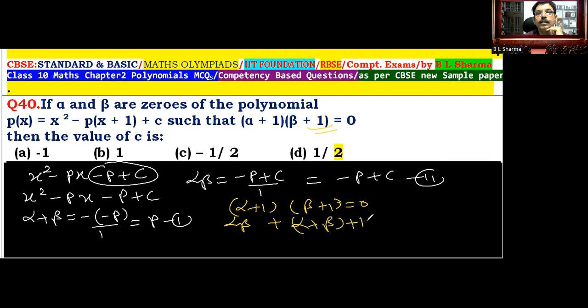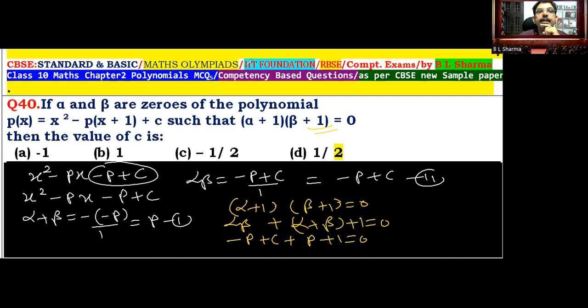Alpha plus 1 into beta plus 1 when multiplied, it is alpha beta plus alpha plus beta plus 1. In place of alpha beta, we can put the product, minus p plus c. In place of alpha plus beta, we can write p, plus 1 is equal to 0.